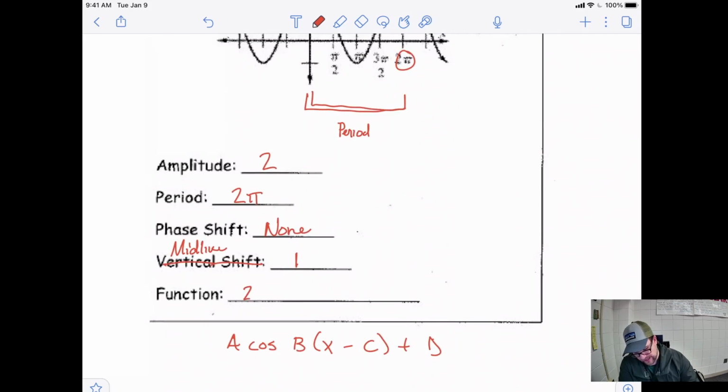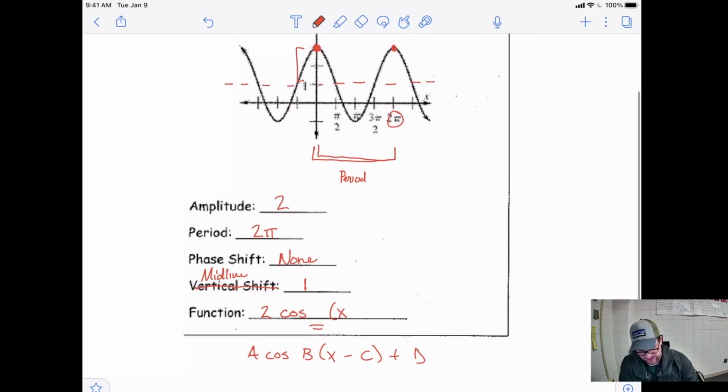So we're going to have 2 times the cosine. Now, b is the part we don't know much about right now, so I'm just going to put x. I'm going to leave a little space for b. We'll come back to that. Since we did not have a phase shift in this problem, we can say plus 0 or minus 0. Either way is okay. And then our midline in this situation was 1, so we're going to come over here and say plus 1.